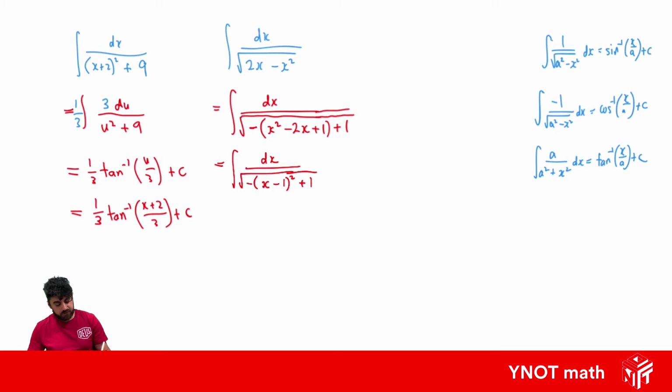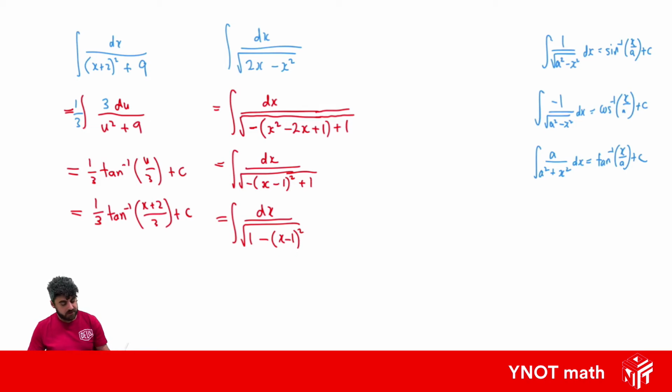We might just change the order of that denominator. So we get dx over the square root of 1 minus x minus 1 squared. Hopefully you can see that it is looking very similar to this one now, where we have 1 over the square root of a squared minus some x term squared.